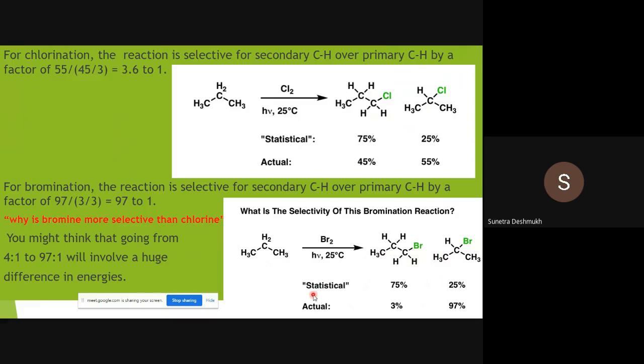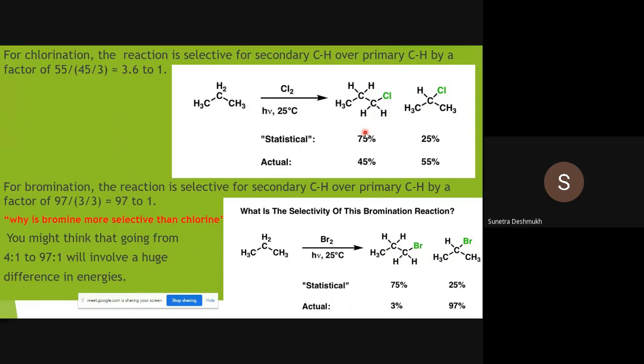If we do the statistical analysis, the product is the same, 75% primary halide and 25% secondary halide. But what is the real scene is that you are getting primary halide as only 3% of the product, and selectively you are getting secondary halide as 97% of the product. That means the 97% yield is too high. So we can say the selectivity of the bromination reaction is higher than the selectivity of the chlorination reaction.